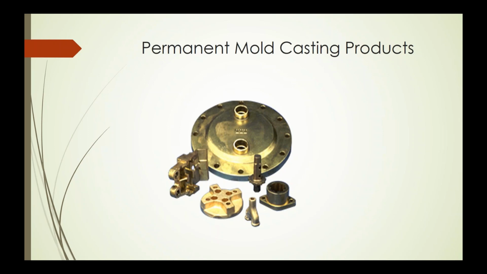It depends on what you want to make and how big the product is, but you don't have a whole lot of finishing to do. There may be some minor cleanup and maybe a little bit of drilling or other final processing, but it's pretty much a final product.